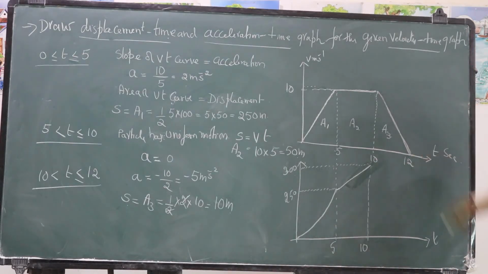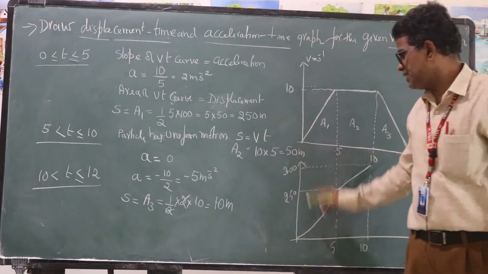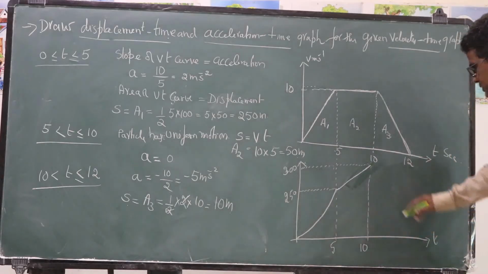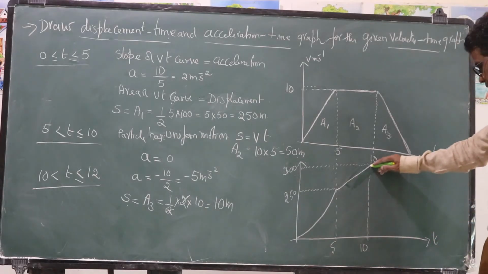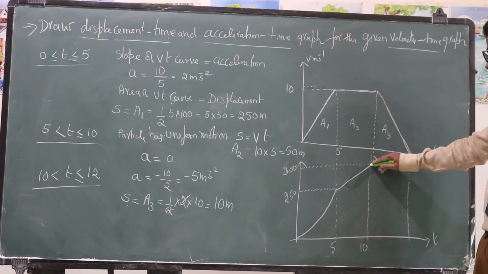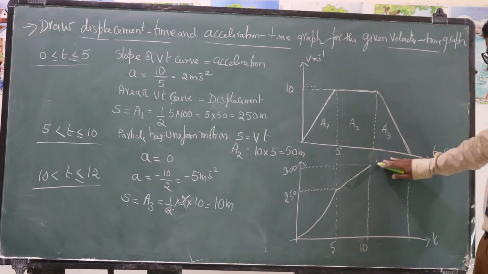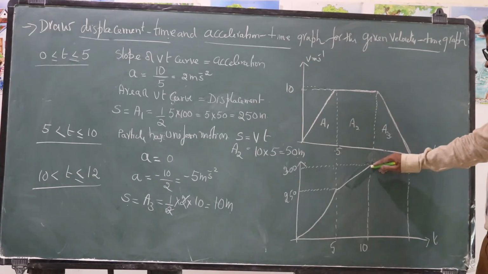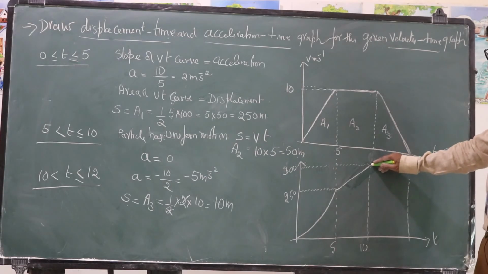Then it decelerates. Decelerates means the shape of the s-t curve is a parabola with decreasing slope. What is decreasing slope? How is it? I need a space here. So decreasing slope, how will it be? Like this.